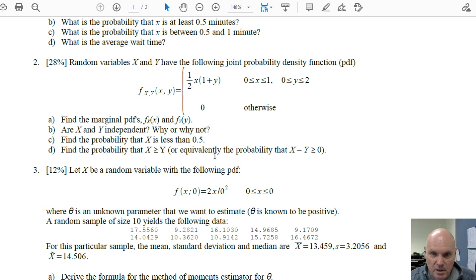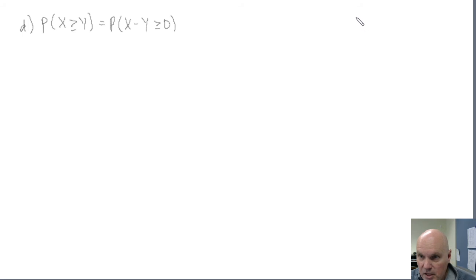Find the probability that x is greater than or equal to y, or equivalently the probability that x minus y is greater than or equal to 0. Let me just sketch out the XY plane.